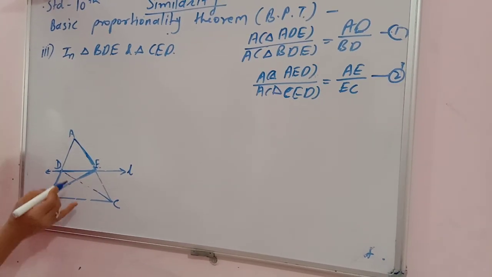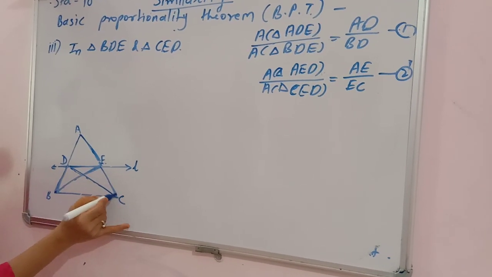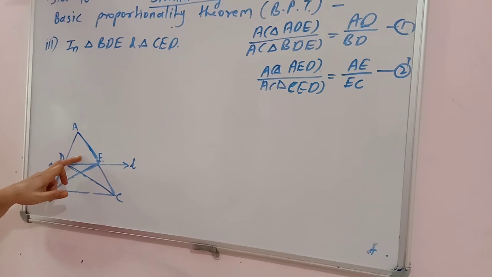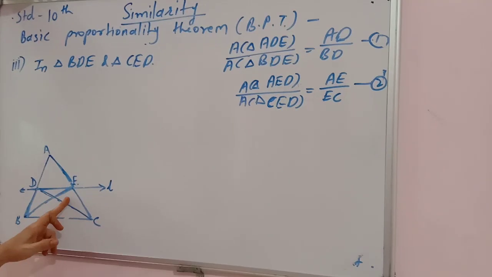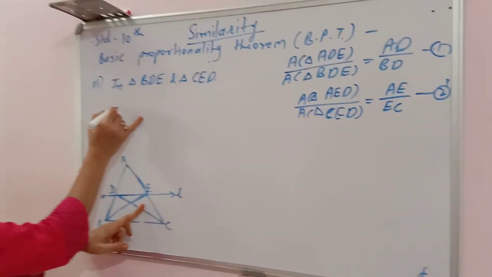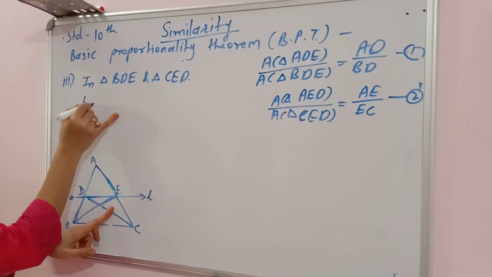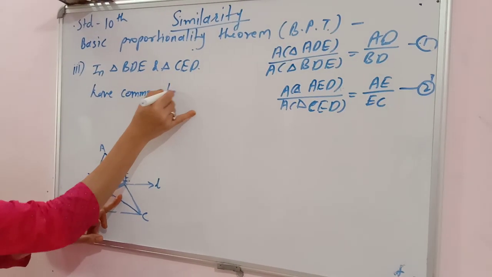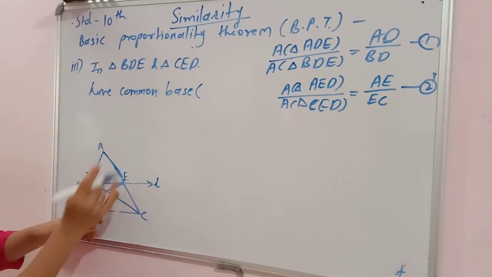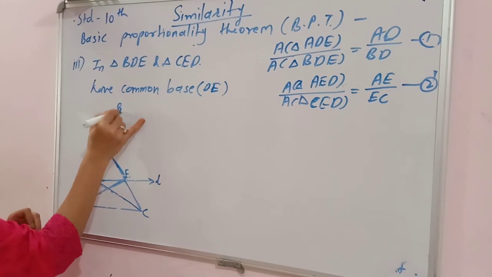Again consider this triangle CDE. This triangle also has the same base. So these two triangles have same base as well as same height. They have common base, here it is DE, and equal height.